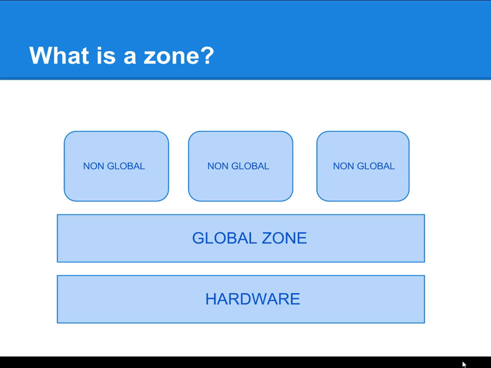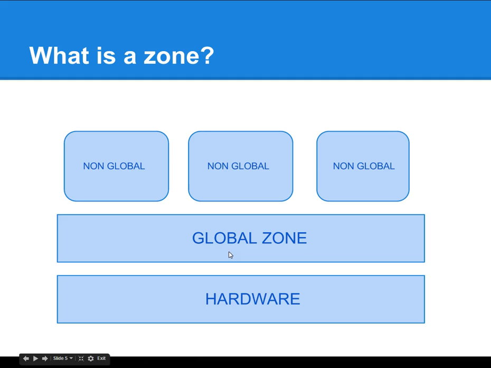If you wanted to think of it from a logical perspective, you would have hardware, and on top of that hardware you would install the Solaris operating system, Solaris 10 in this presentation. By installing Solaris 10, I believe you automatically install a global zone. It may depend on the release.